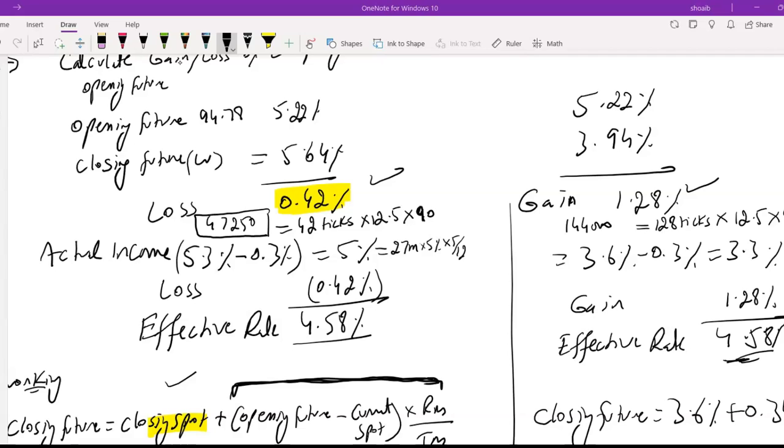Okay, 27 million into 5%, 5% is the interest rate, into 5/12. 5/12 is the duration of the investment. So what is the amount? 27 million into 5% into 5/12. 562,500.